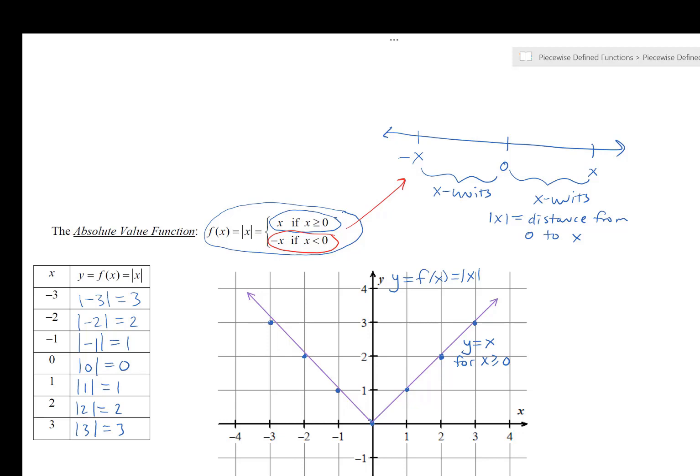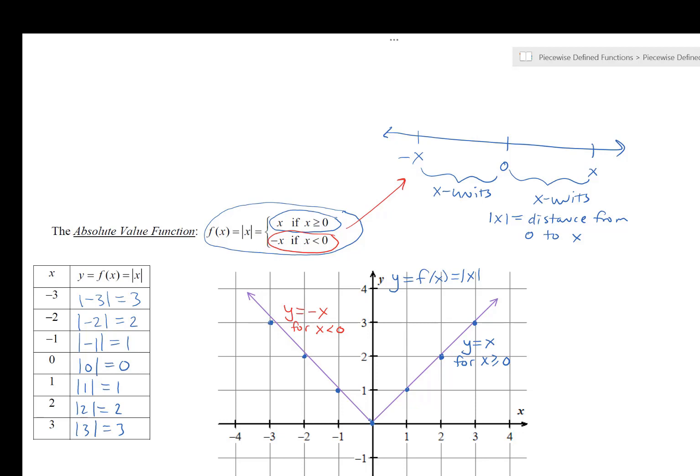That gives us the line on the left, y equals negative x, and that is true for negative values of x. We saw that. If x was negative 3, then the absolute value of that was positive 3. Negative of negative 3 is 3. If x was negative 2, the absolute value of that was 2. Negative of negative 2 is 2, and so on.